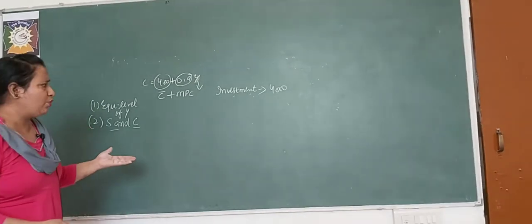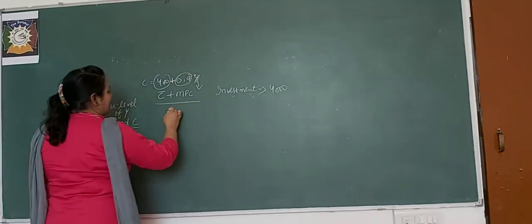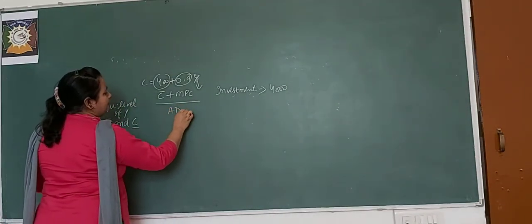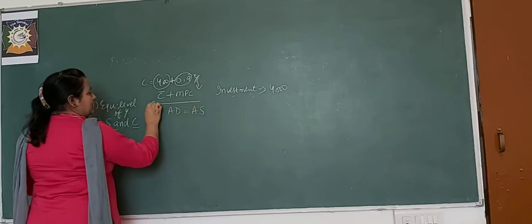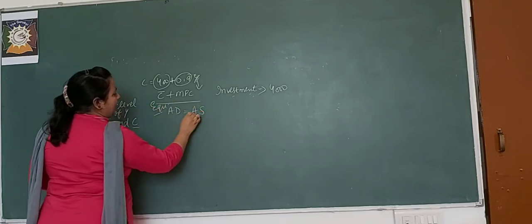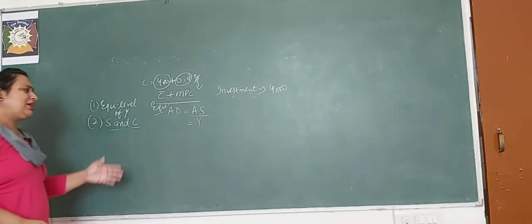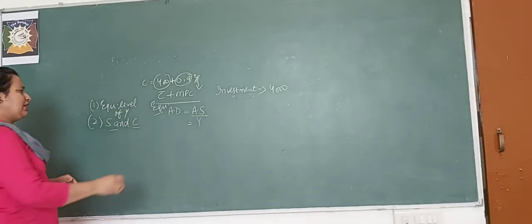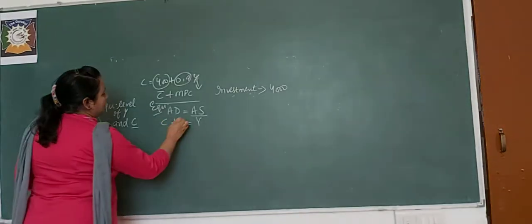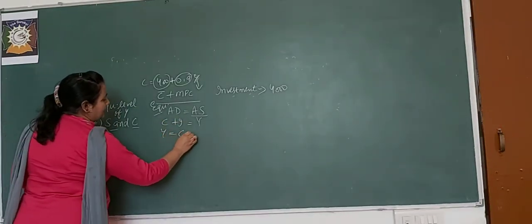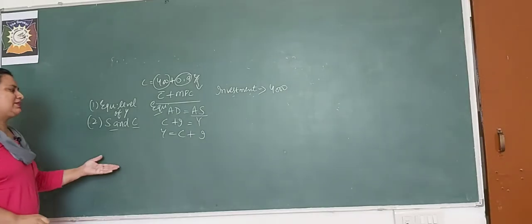What is the formula? The formula you were taught earlier: at the equilibrium level, AD is equal to AS. We know AS is aggregate supply. These are identical to each other, AS and Y, and AD is C plus I. So I will write AD is equal to C plus I. So let us start.